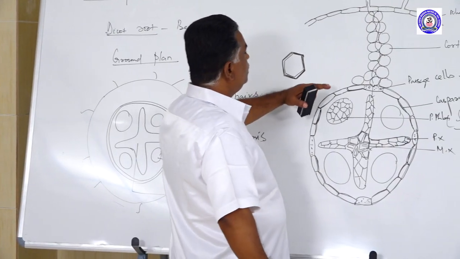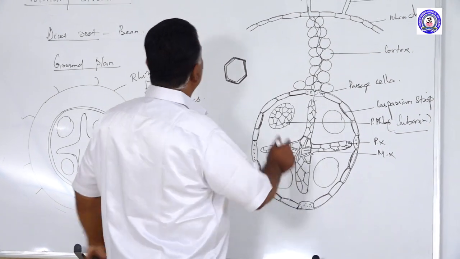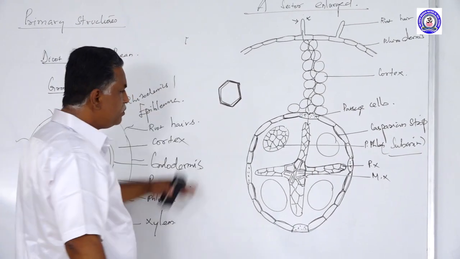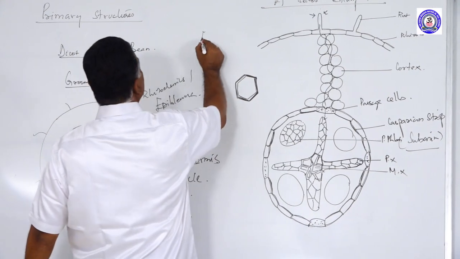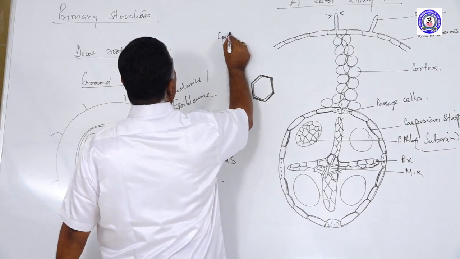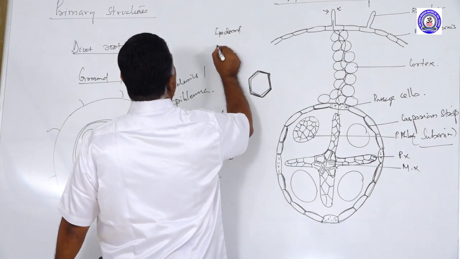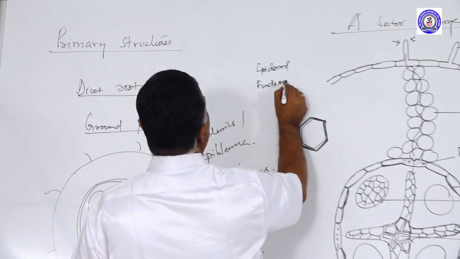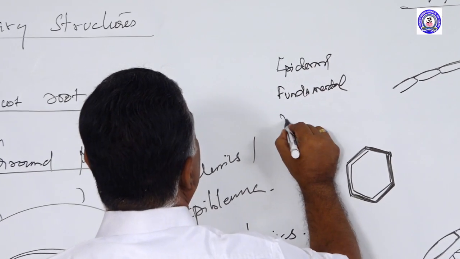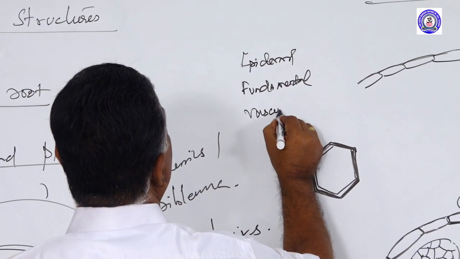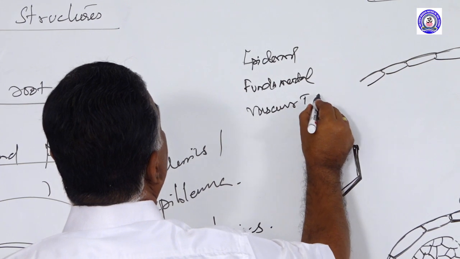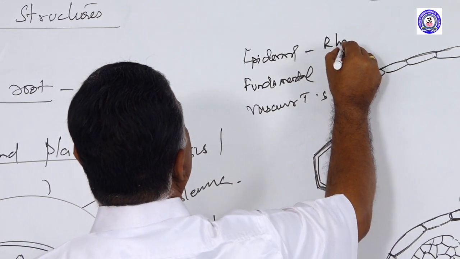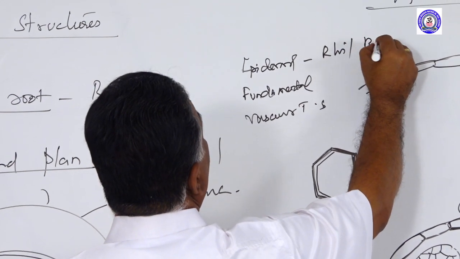And see, the tissue here is epidermal. As I said, there are 3 types of tissue system. Here too you can see 3 types of tissue system: epidermal, fundamental and vascular. In the epidermal tissue system, rhizodermis and root hair.